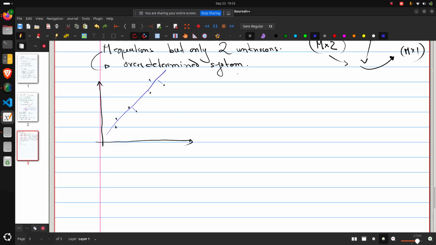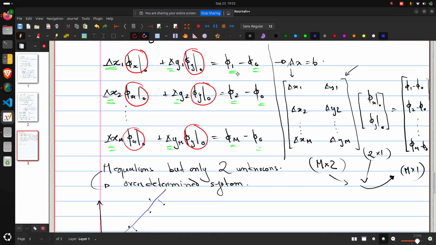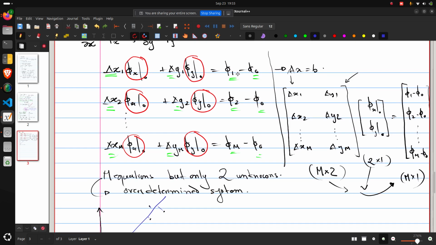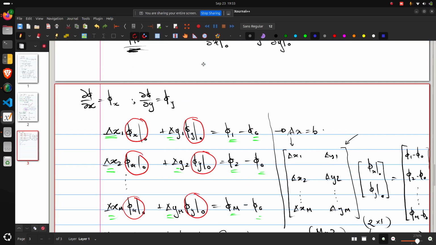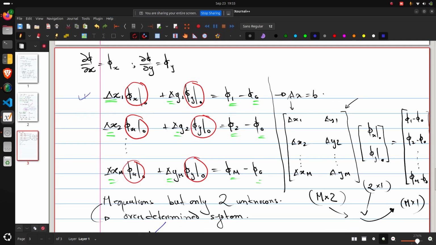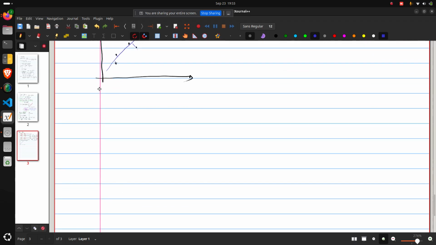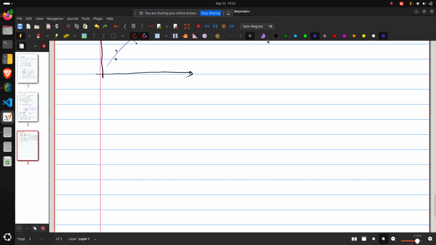So, let us now define how we can write the residuals. What is the residual, right? Residual is nothing but, for example, if you have this equation, let us write it in gradient terms, it will be easier.